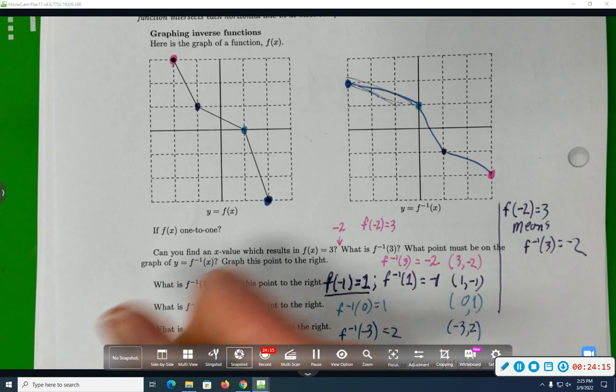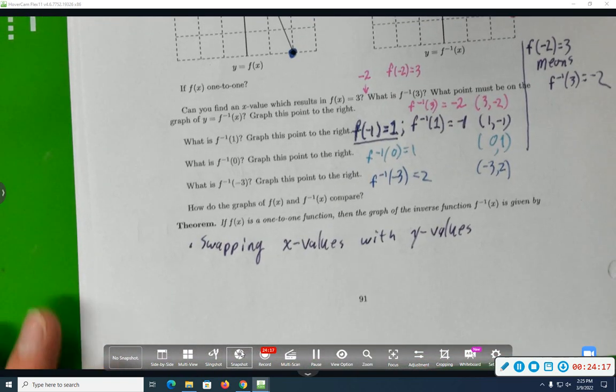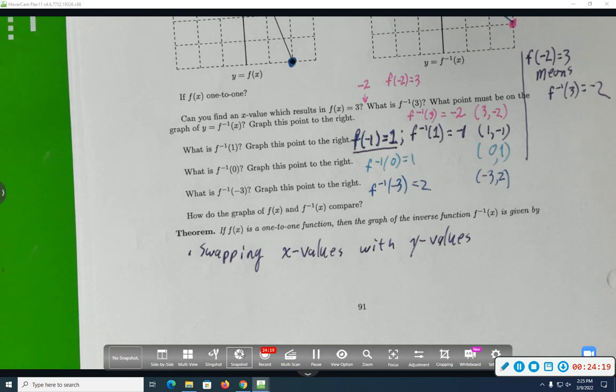If you have a one-to-one function, you would like the inverse to just swap all the x and y values on the graph. That makes sense? And it's reasonable if you just think about what switching inputs and outputs means. Inputs are x values, outputs are y values.